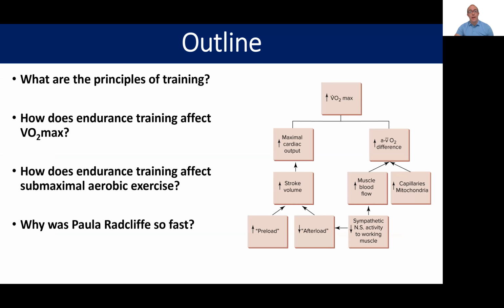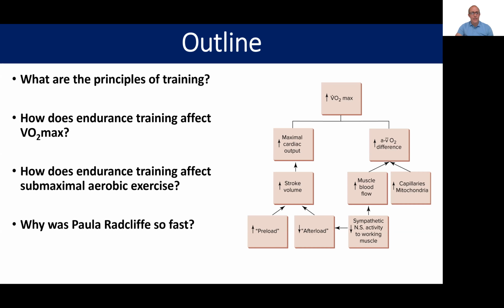We'll talk about the physiology, and then it's also important to look at how endurance training affects submaximal exercise. So we'll talk about that. Instead of running at your maximum, we'll look at how it affects running at a submaximal pace, like going out for a jog or walking up the stairs. Places where you'll really notice a difference in your everyday life.